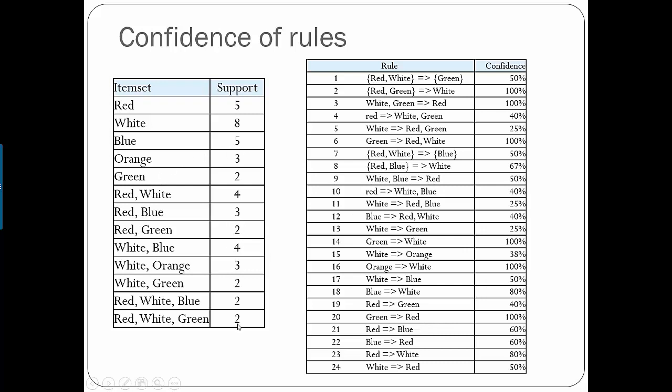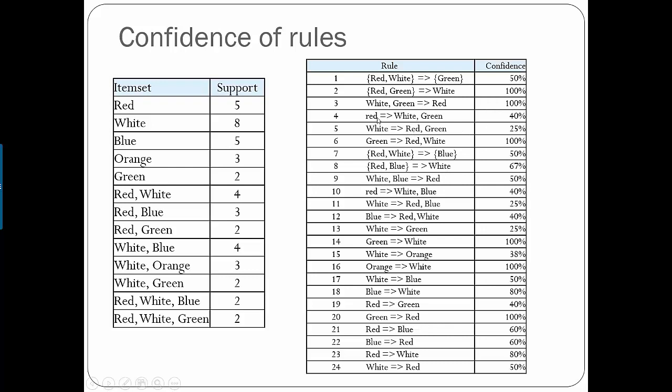So 2 divided by 2 gives you 100% confidence. Then white, green, these two are the antecedent, and red is your consequent. Again the numerator is 2. White and green is right here, 2. So 2 over 2 means you're 100% confident.